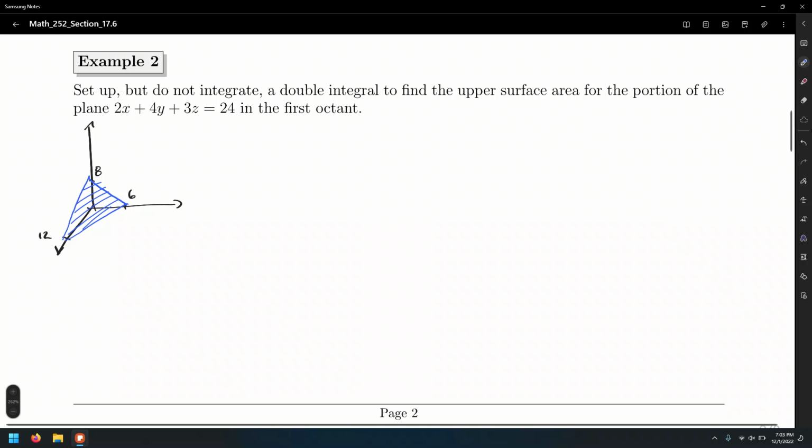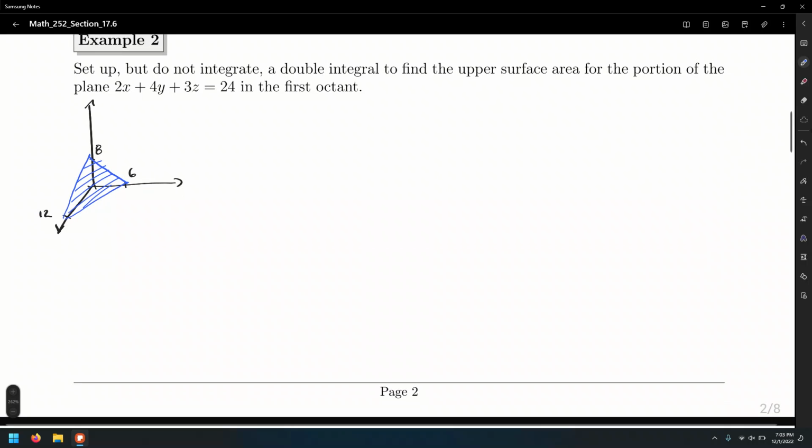So, number one, we need a function z. Because we're given the equation of the plane in standard form, we need to make it a function z. I'm going to solve for z, so 3z equals 24 minus 2x minus 4y.